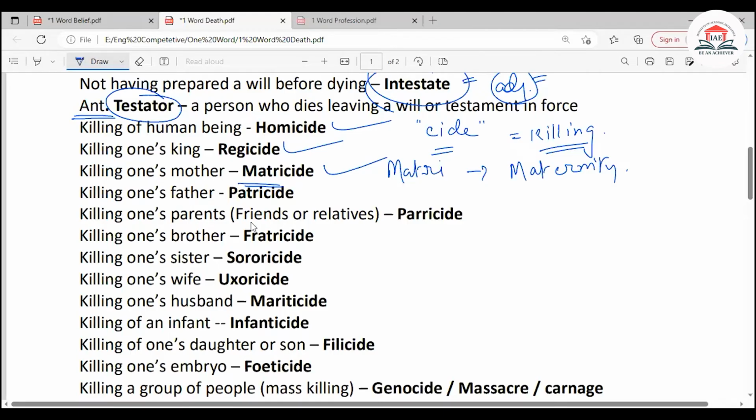From this word, the word has been coined matricide, killing of one's mother. It sounds very foolish when we say one's own mother, as if a mother could belong to someone else. I have said it in order to make you understand that the killing of others' mothers cannot be called matricide. This is a homicide, right?